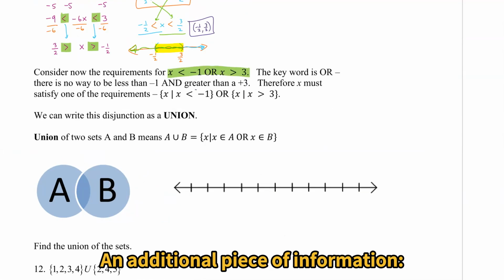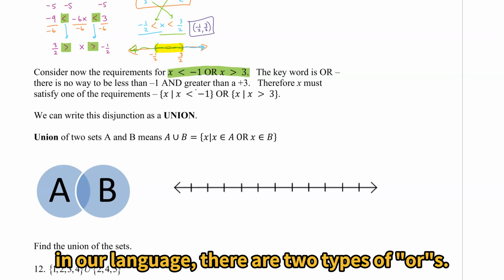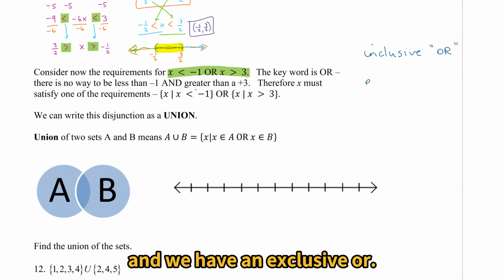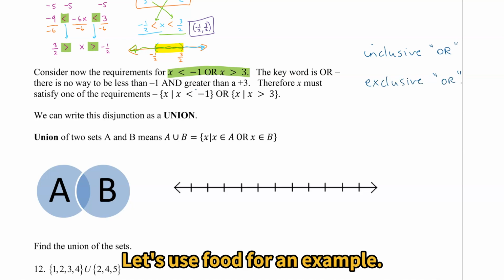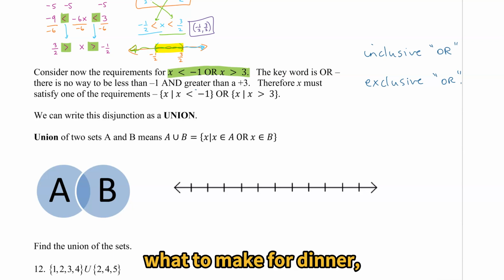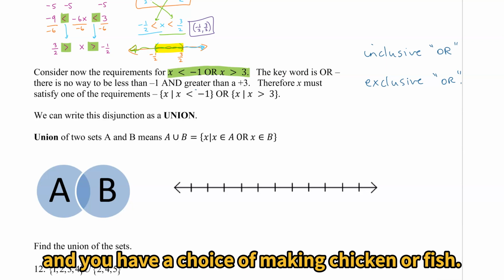An additional piece of information. In our language, there are two types of ors. We have what's called the inclusive or, and we have an exclusive or. Let's use food for an example. Let's say you're trying to decide what to make for dinner, and you have a choice of making chicken or fish.